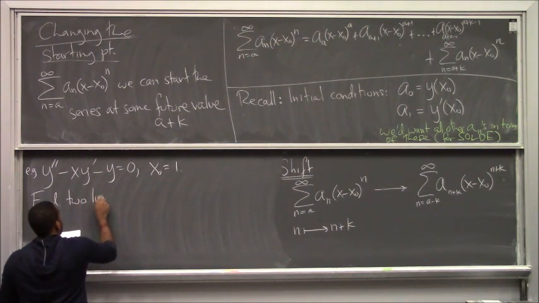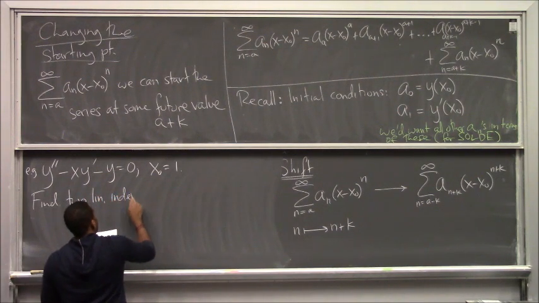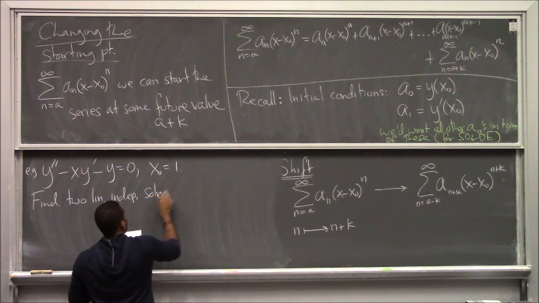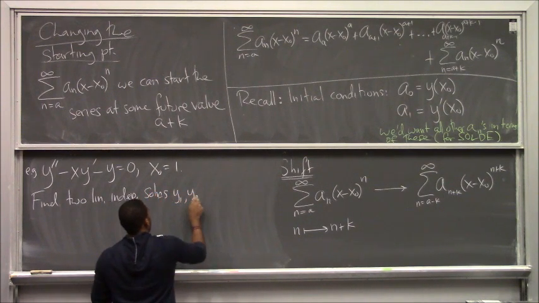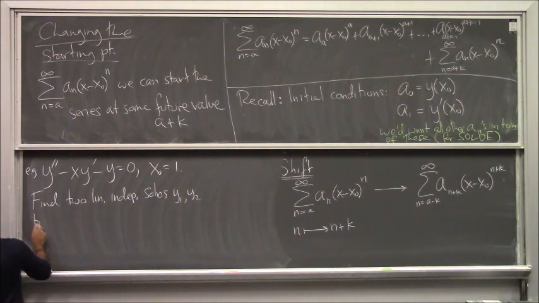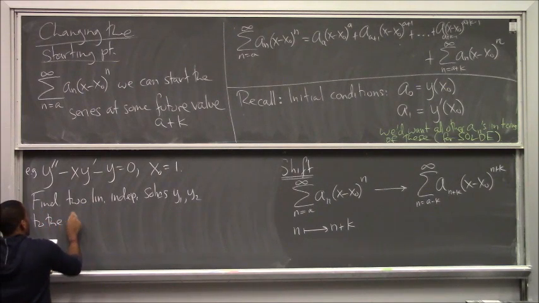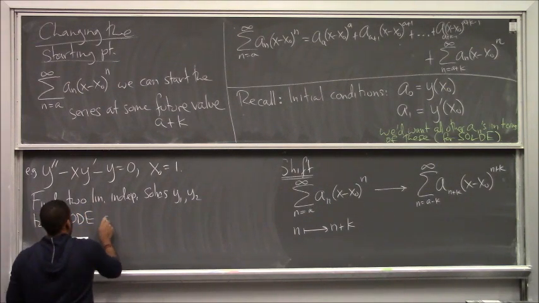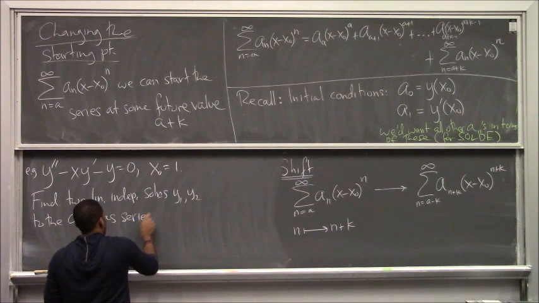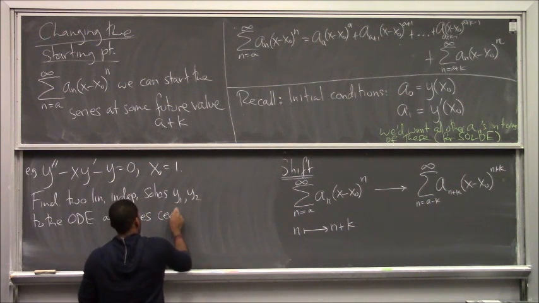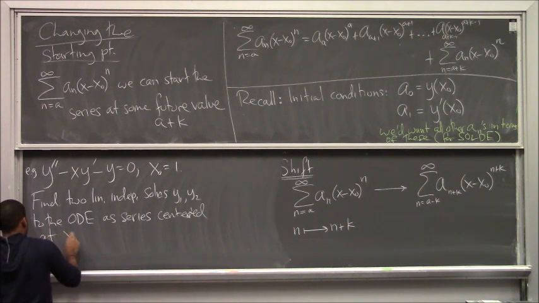Find two linearly independent solutions, y1 and y2, to the ODE as series centered at x naught.